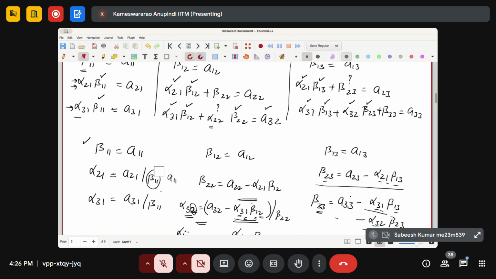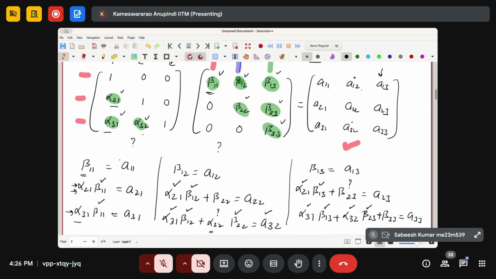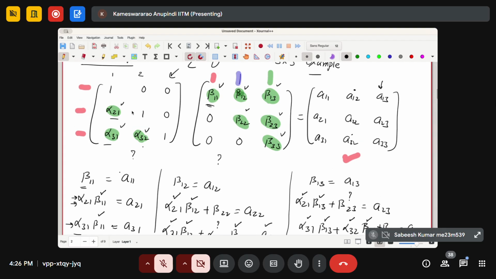Sure. So I got your point. Yeah. So what you're saying is correct. I have just kept more variables here. So what you say is that I already have 9 variables here. Can I not use existing variables instead of using alphas and betas? You are perfectly correct. In fact, in an LU decomposition, if you look at the number of betas and number of alphas, if you put them together, they're exactly equal to 9, right?